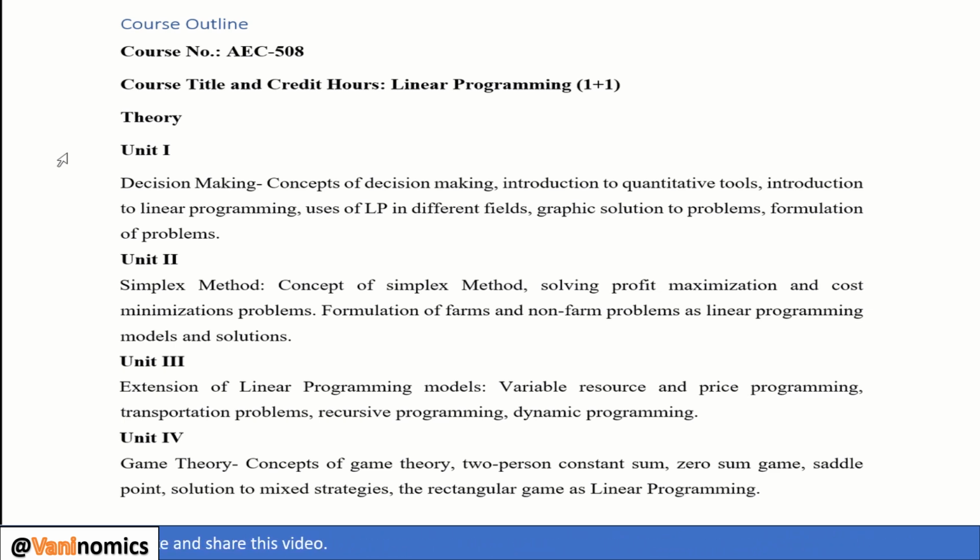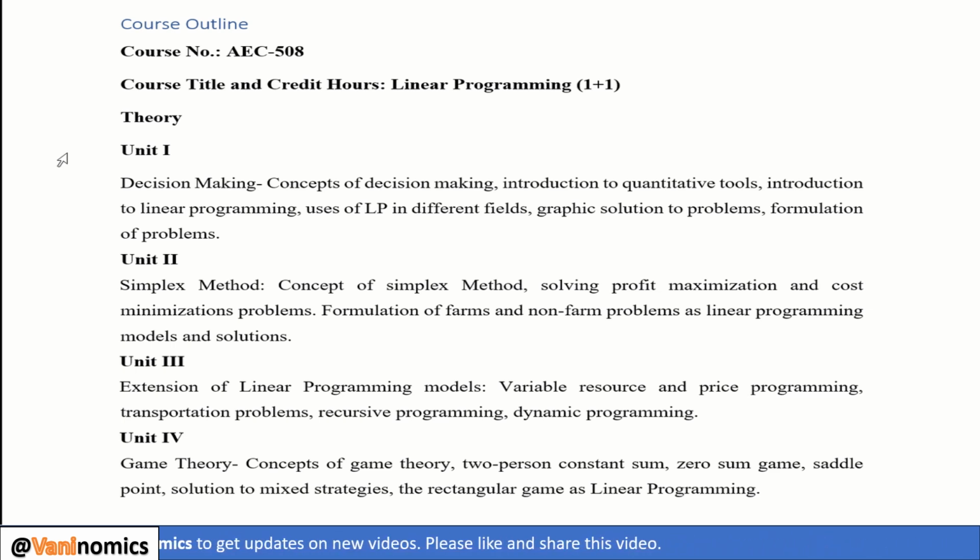Then unit 3 talks of extension of linear programming models, that is variable resource programming and price programming, like how the shadow prices work, how changing the right hand side of the constraint, that is the available resources, will change your objective function, that is cost and revenue, and how changing the prices will change the solution.